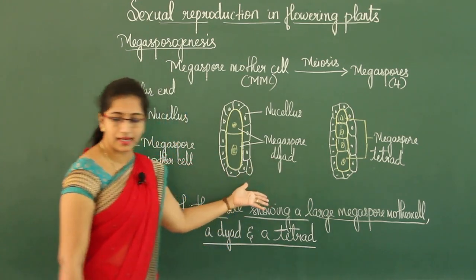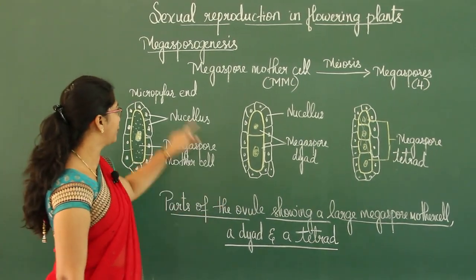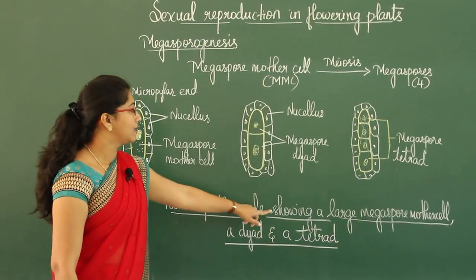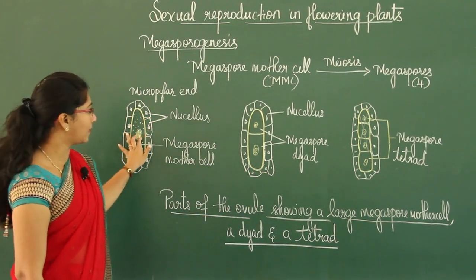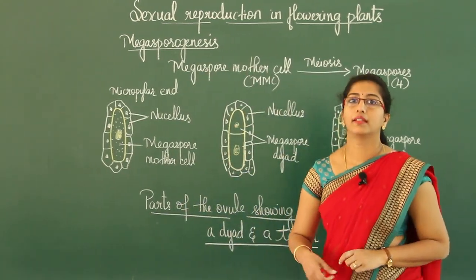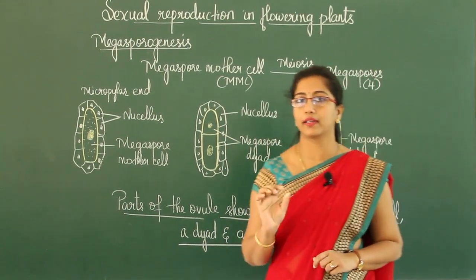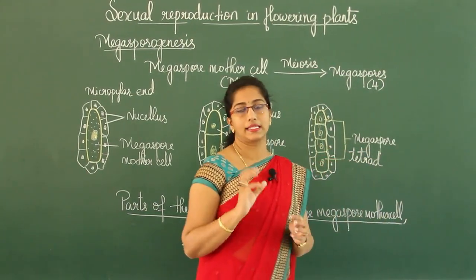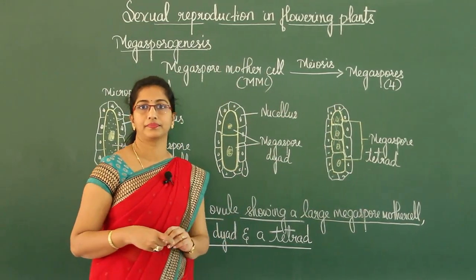So in this diagram we are trying to focus on a part of the ovule which is showing a large megaspore mother cell, the megaspore dyad and the megaspore tetrad. This is a series of diagrams you should remember when a question is asked about megasporogenesis.